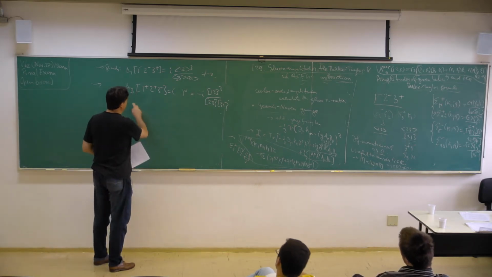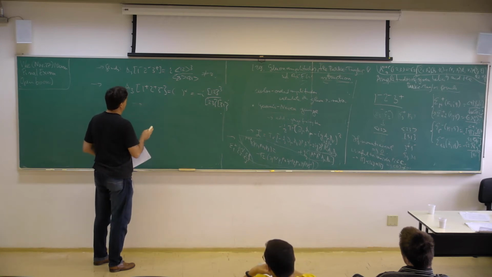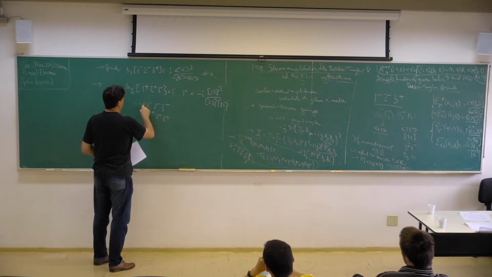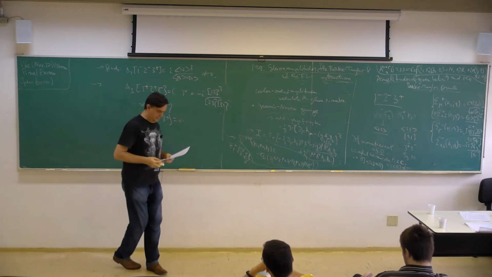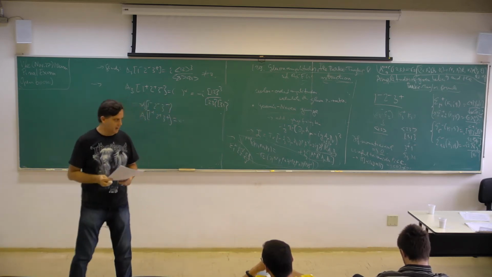Moreover, for complex momentum, these are the only possibilities. The only other possibilities would be 1 minus, 2 minus, 3 minus, and 1 plus, 2 plus, 3 plus. But these things are 0. Okay? All right.